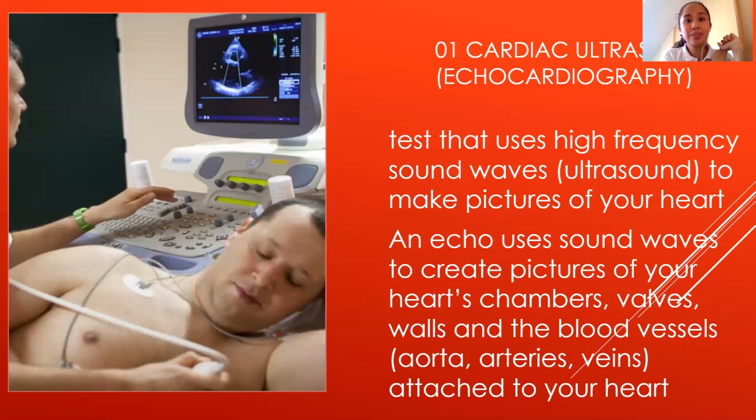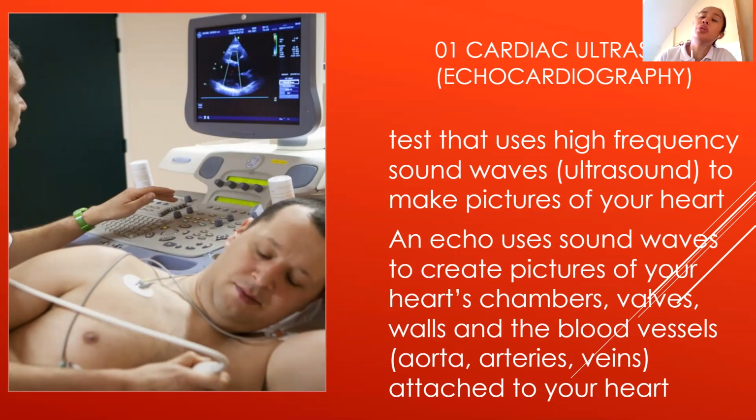Either we use ultrasound waves, X-rays, or radioactive radionuclides, which can be seen using gamma rays. So we are using different types of radiation to visualize the heart.